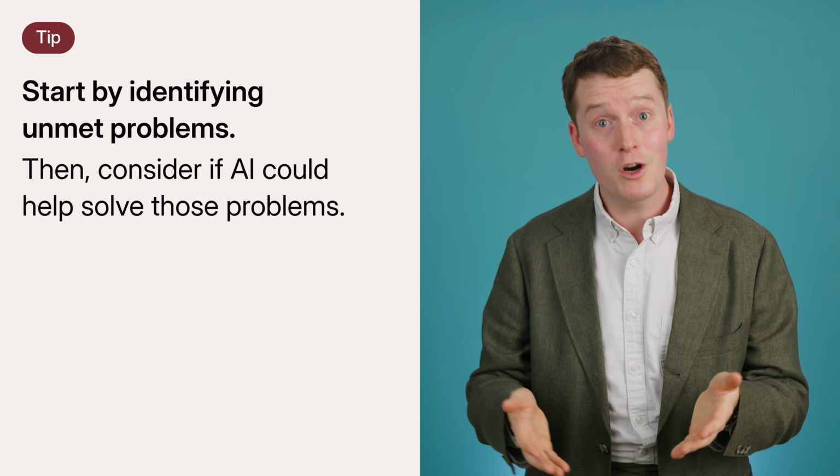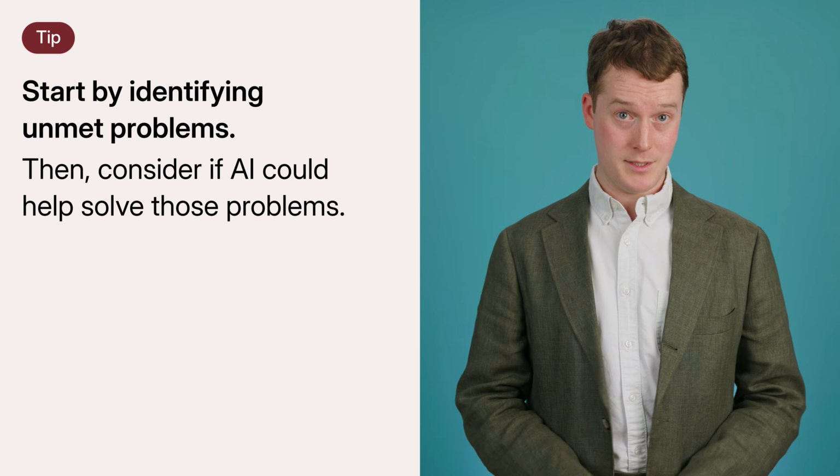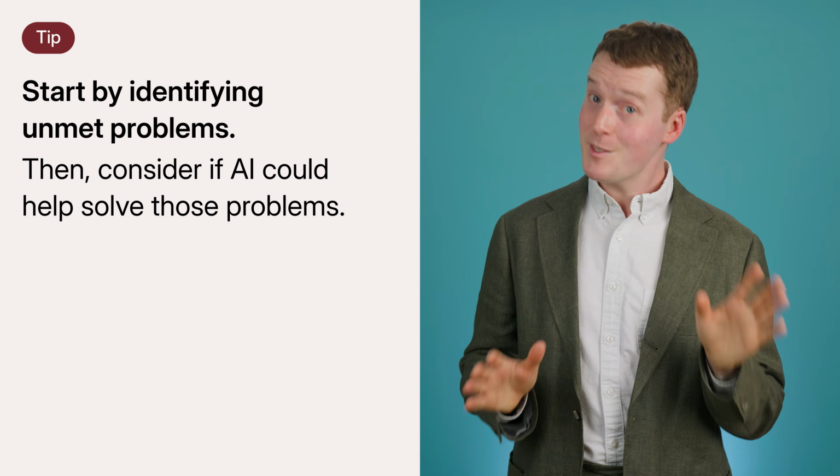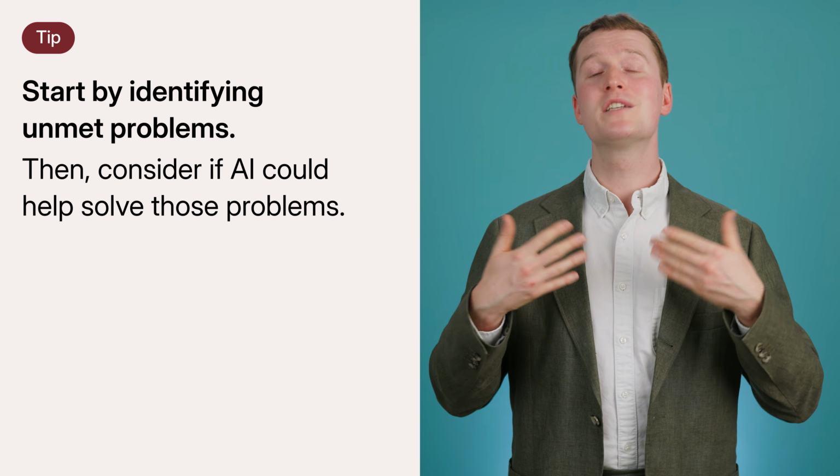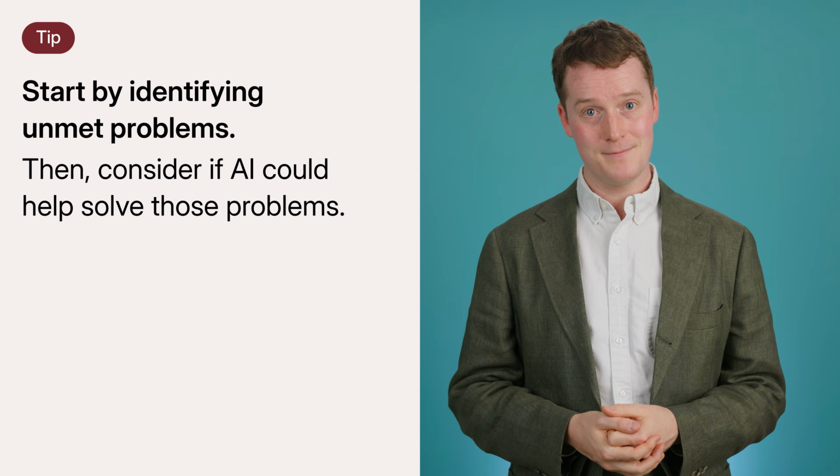Not only should we have identified legitimate problems, but ideally, we've had a discussion on how we'd recognize success by doing it. So, as much as we want to start with AI, we want to create good experiences, right? Start by identifying problems. Then, just maybe, AI could help solve those problems.